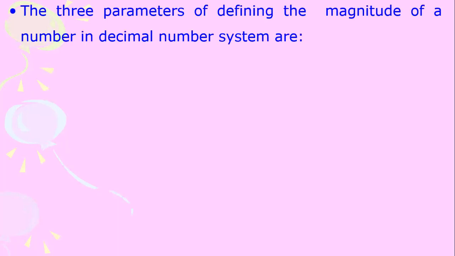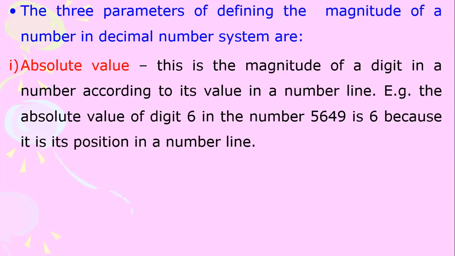The three parameters of defining the magnitude of a number in the decimal number system are therefore, number 1, absolute value. This is the magnitude of a digit in a number according to its value in a number line. For example, the absolute value of digit 6 in the number 5649 is 6 because it is its position in a number line.